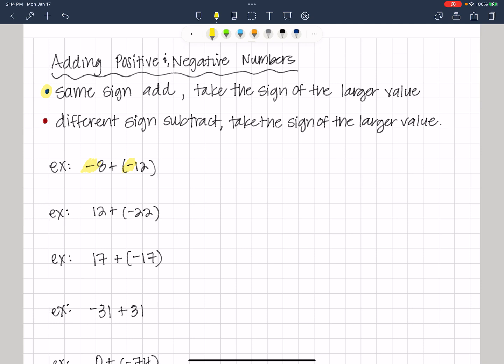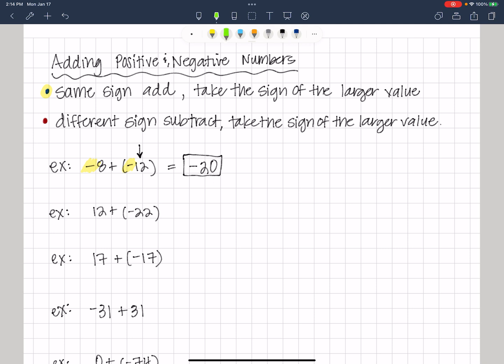Therefore, I'm going to add the two values. 8 plus 12 is 20, and then I'm going to take the sign of the larger value. The larger value is 12, not the larger number, but the larger value is 12. The 12 has a negative, so my answer will be negative. So same sign, add, take the sign of the larger value.